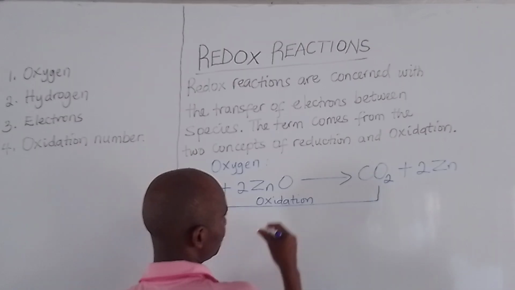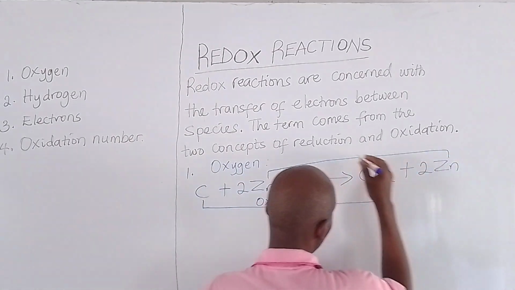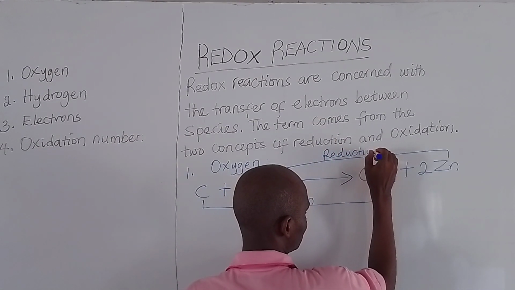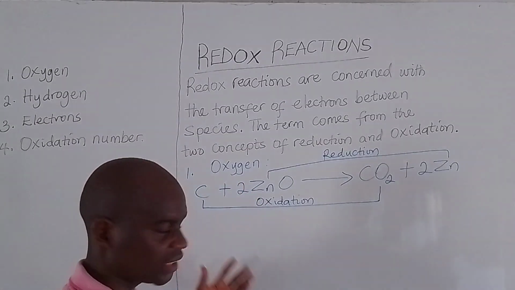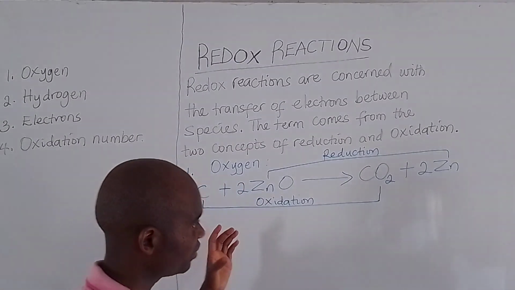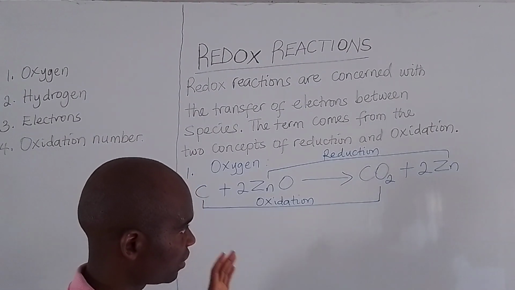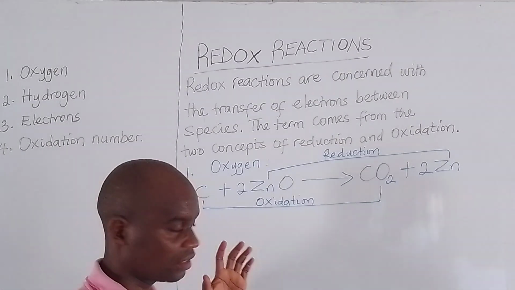So we can say that this reaction represents reduction. So once again, oxidation is the addition of oxygen to a substance, while reduction is the removal of oxygen from a substance.